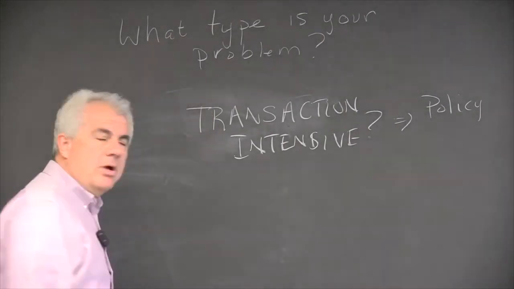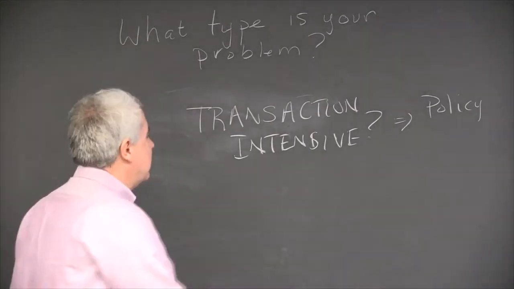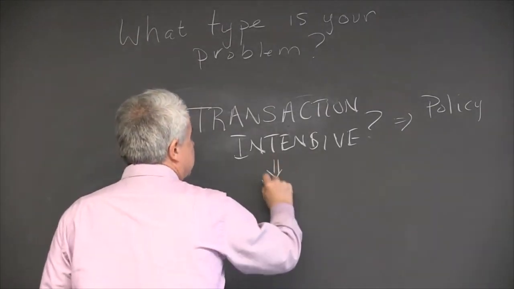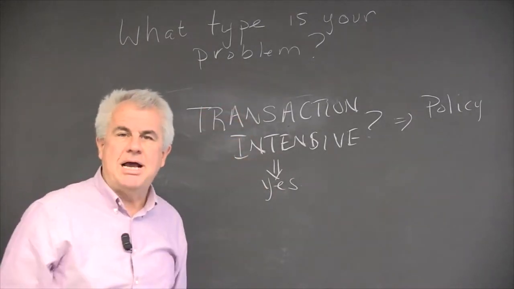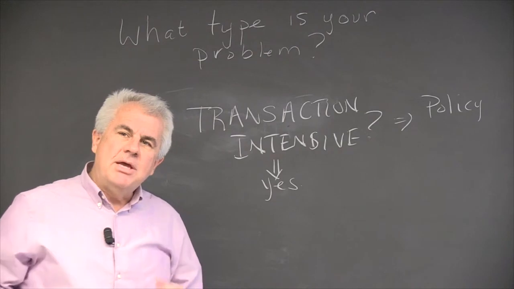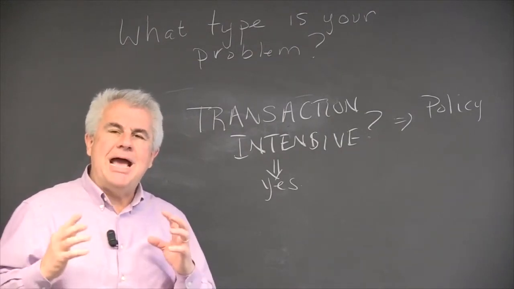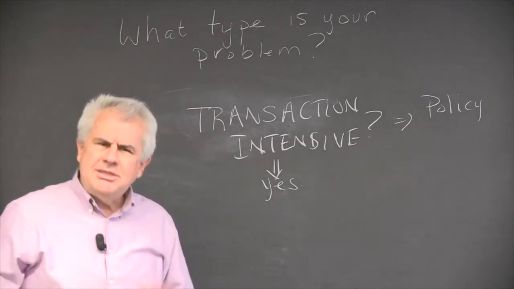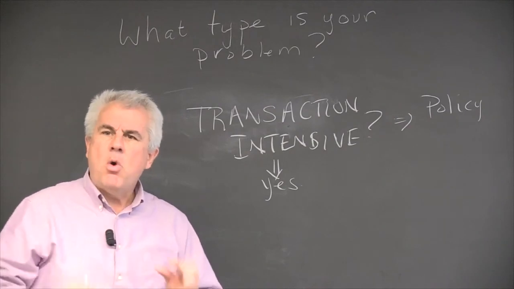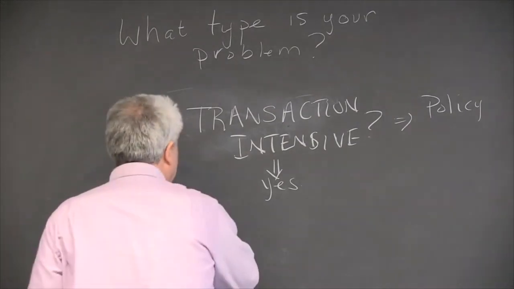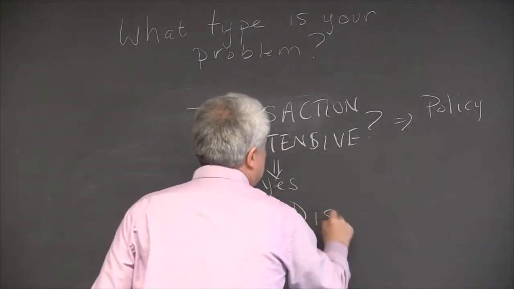The second question you want to ask yourself is, if your problem is transaction intensive, if you answer that it's going to require a large number of people to successfully carry out your task, then we want you to ask yourself, when your agents are carrying out the task, does it require them to exercise local discretion? Do they need to look carefully and respond to the particularities of the situation they're in, or can they follow a script? So we call this the exercise of local discretion.